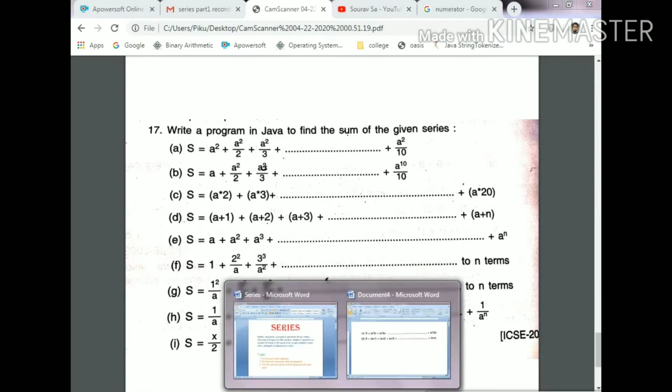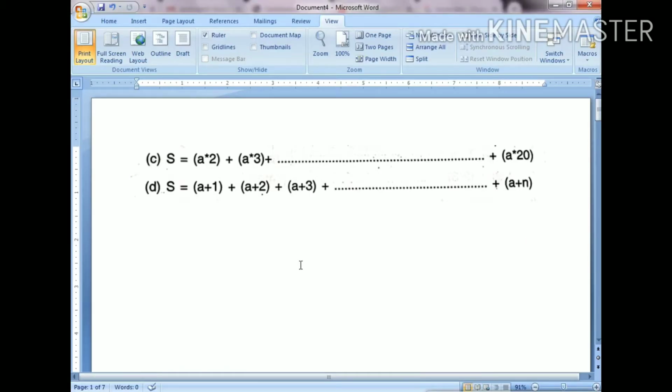That is the first question. S equals A into 2 plus A into 3 and ending at A into 20. That means the loop starts with I equals 2, I less than equals 20. So I just write the sum line.